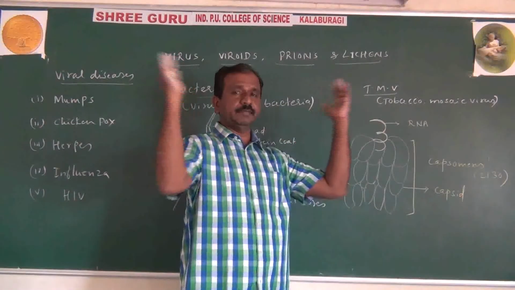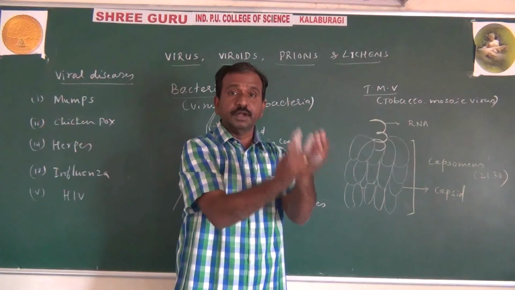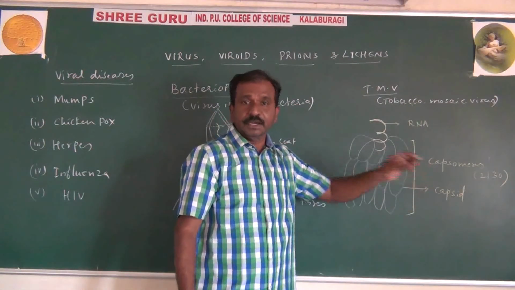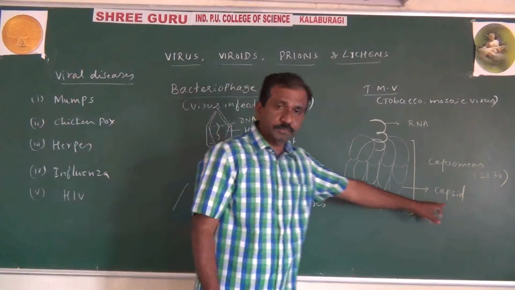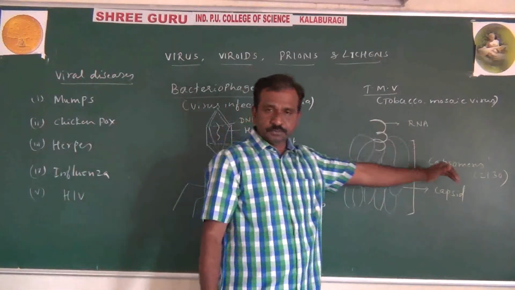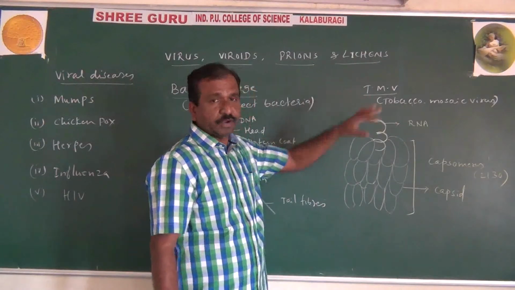RNA is protected by 2130 protein coats. That protein coat is called collectively capsomeres. Individual protein molecule is called capsid. The individual we can call as capsid. Collectively we can call as capsomeres. 2130. Right? This is about the tobacco mosaic virus.